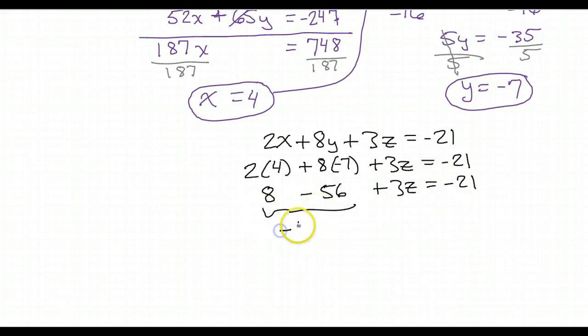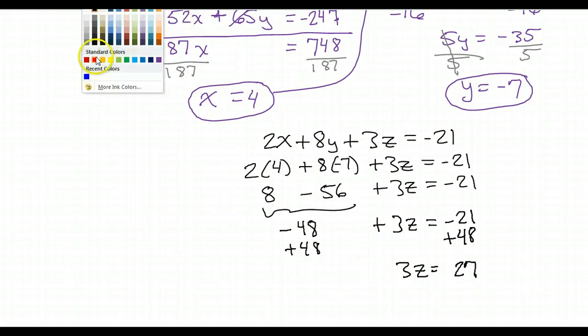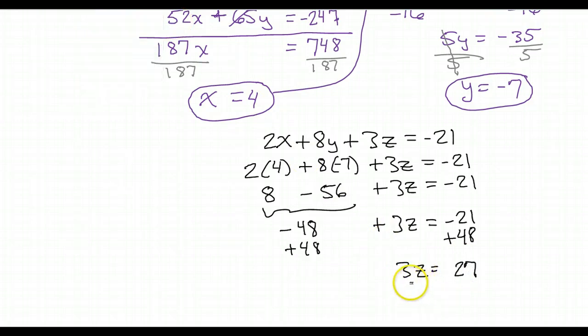Subtracting, that's negative 48 plus 3z is equal to negative 21. Adding 48 to both sides, that's going to give us 3z is equal to 27. And then finally divide both sides by 3. And that will give us z equals 9.